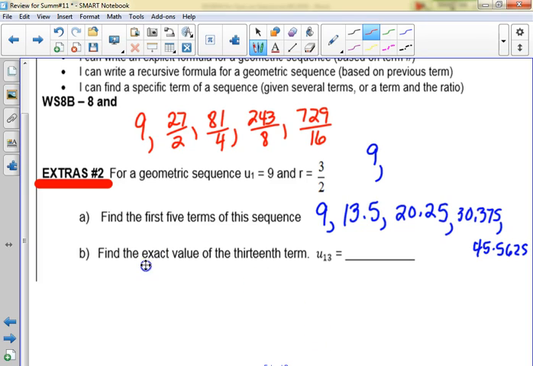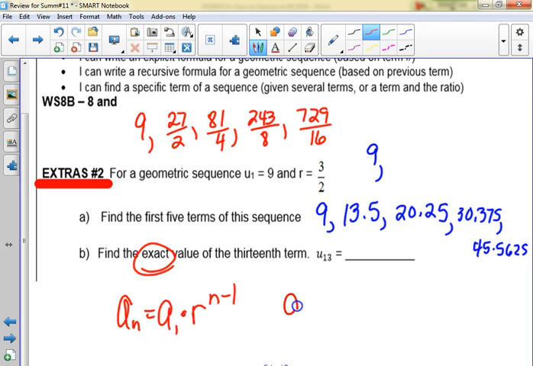All right. Find the exact value of the 13th term. Now what? What's the explicit formula for a geometric sequence? A sub n equals? Okay.